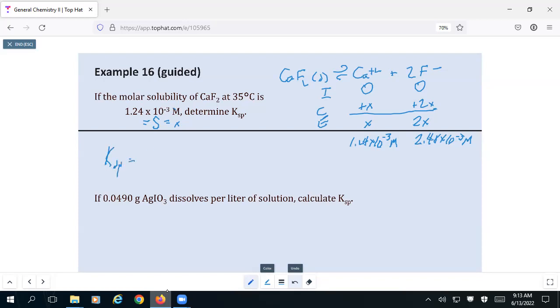Ksp is equal to the concentration of calcium ion multiplied by the concentration of fluoride ion squared. So 1.24 times 10 to the negative third multiplied by 2.48 times 10 to the negative third squared.